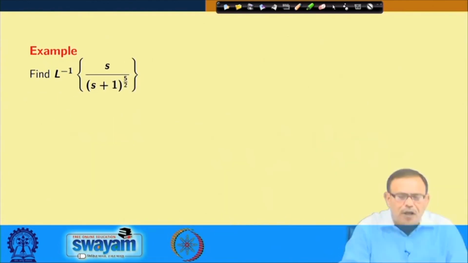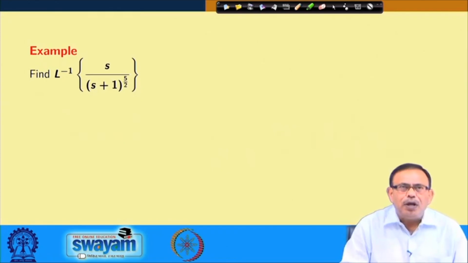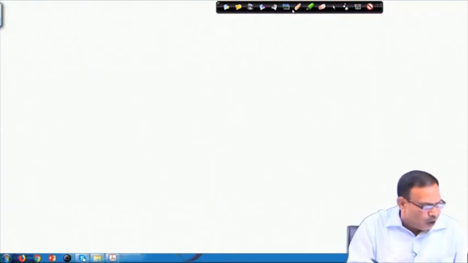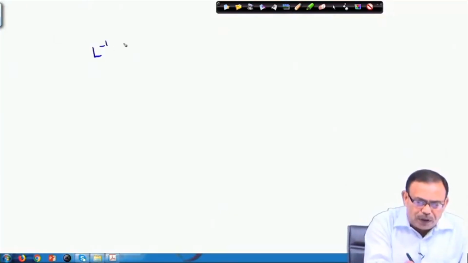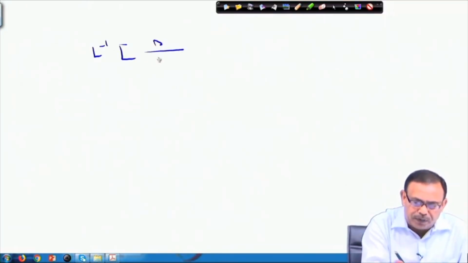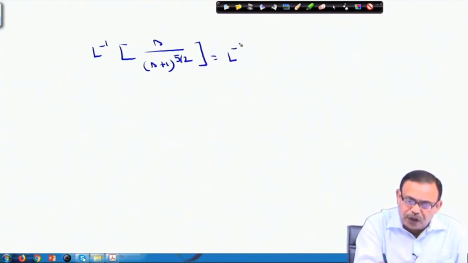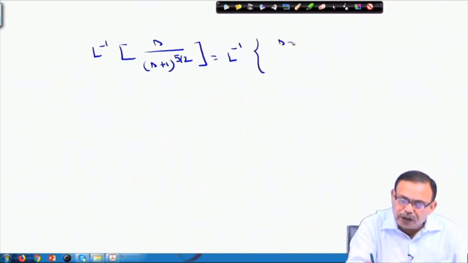Now, let us see this example: Laplace inverse of s by (s plus 1) to the power 5 by 2. So, your problem is Laplace inverse of s by (s plus 1) to the power 5 by 2. Since s plus 1 is there, obviously I will try to make the numerator s plus 1 minus 1, by (s plus 1) to the power 5 by 2.